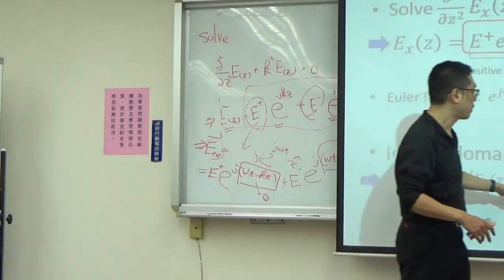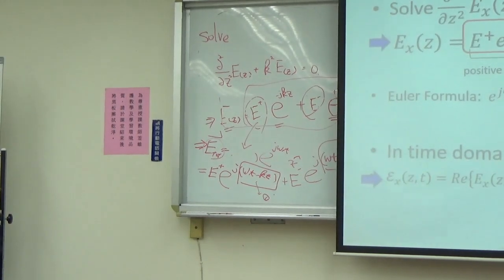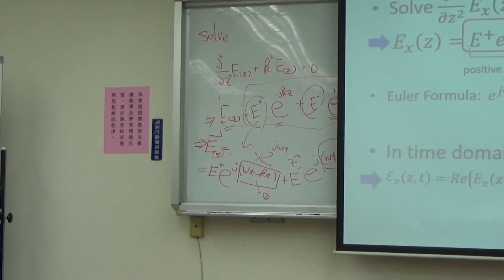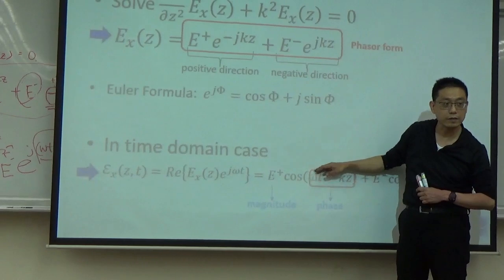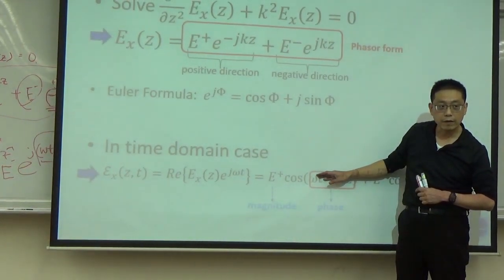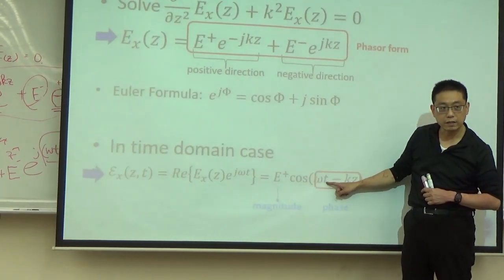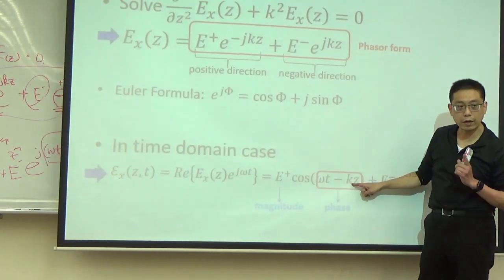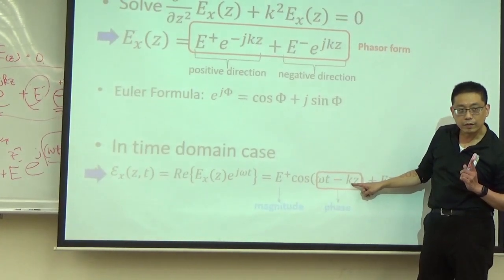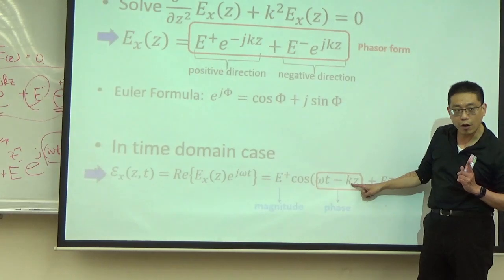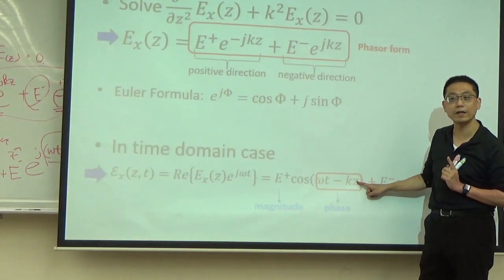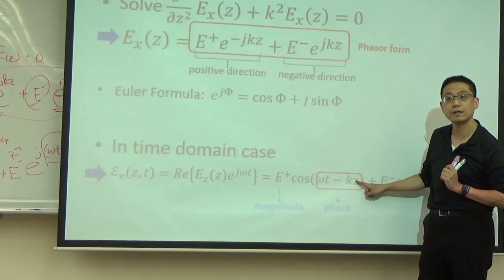If I look at only the real part of the E field, this is a cosine wave, and this is the phase. The phase is a component of omega t, 2 pi frequency times time, minus k, which we define as k equals omega times the square root of mu epsilon, times your position z, how far it is, where it is.